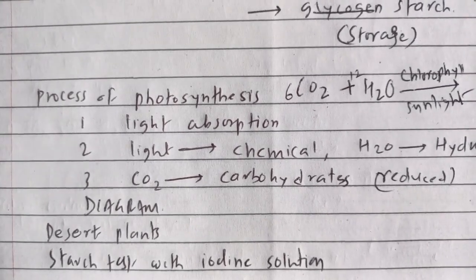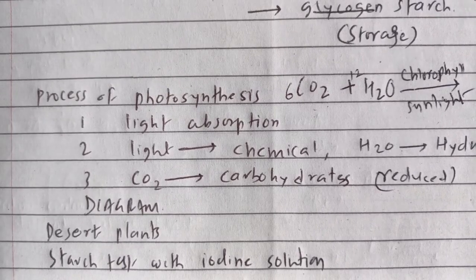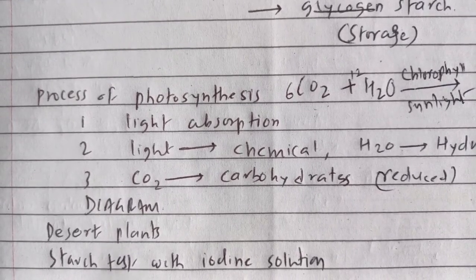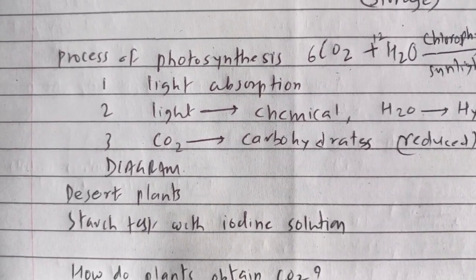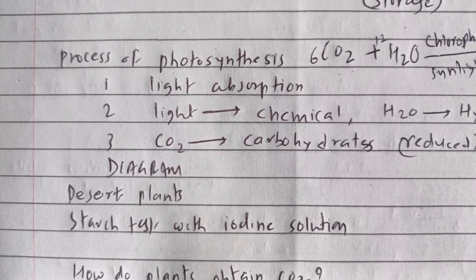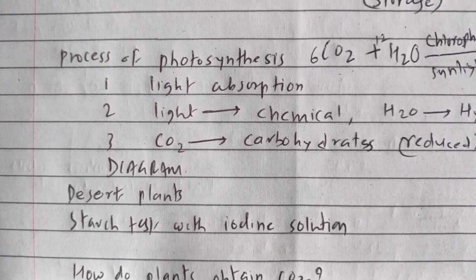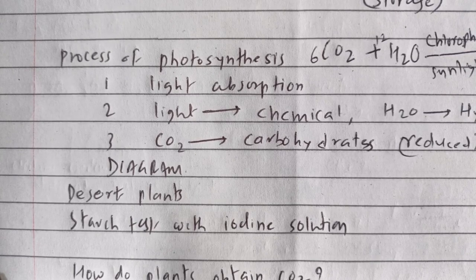So for example, in desert plants, they take up carbon dioxide at night, and then they prepare an intermediate substance that will be acted upon by the energy of the sunlight absorbed by chlorophyll, and this process will take place during the day.